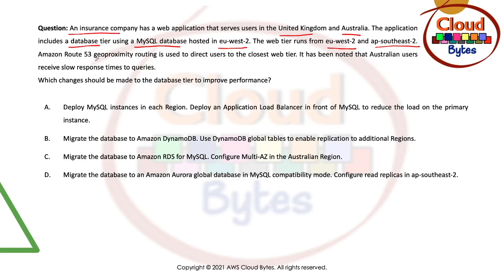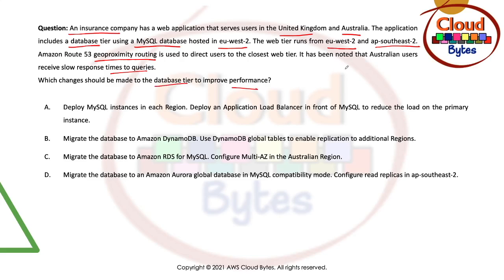Amazon Route 53 geoproximity routing is used to direct users to their closest web tier. It has been noted that Australian users receive slow response times to queries. What changes should be made to the database tier to improve the performance?